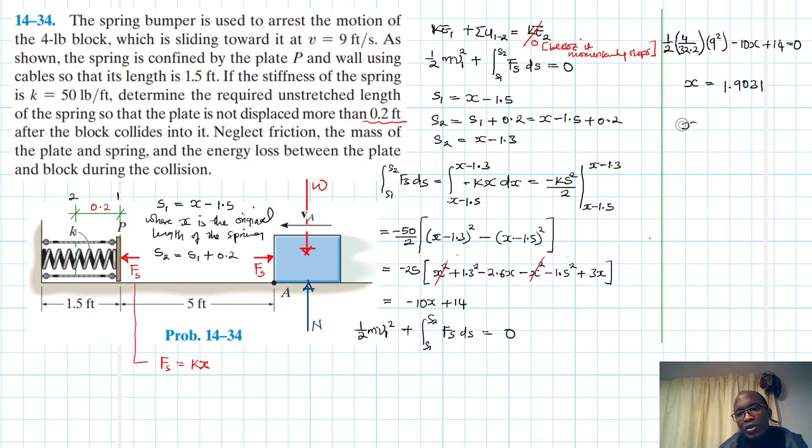We said x is the original length of the spring. Therefore, our x is just equal to 1.90 feet. I guess we are done.